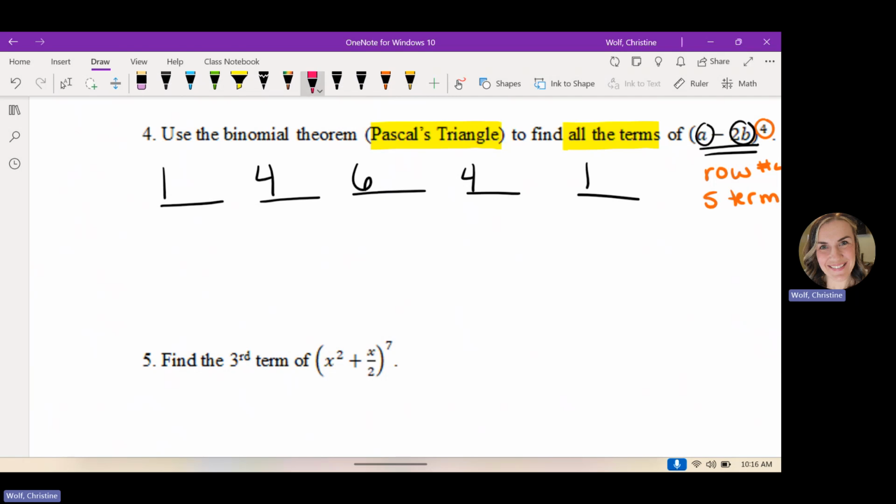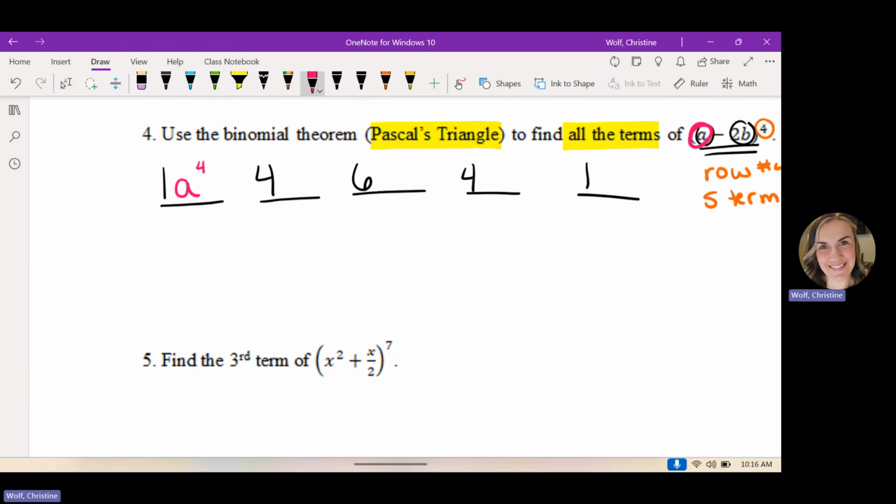So your first term is A, just A. So I know that this guy is going to have an A with the highest exponent possible. And the highest exponent possible is not 5, it's 4.